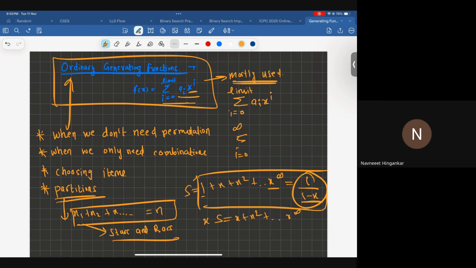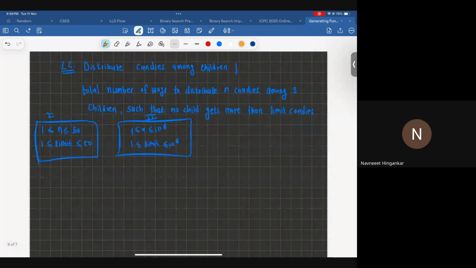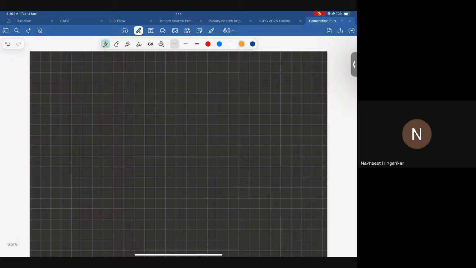Now, before starting this LeetCode task, let's learn this formula. What we are used to doing is we write the infinite series, something like this, x to the power 4 up to x to the power infinity, right?